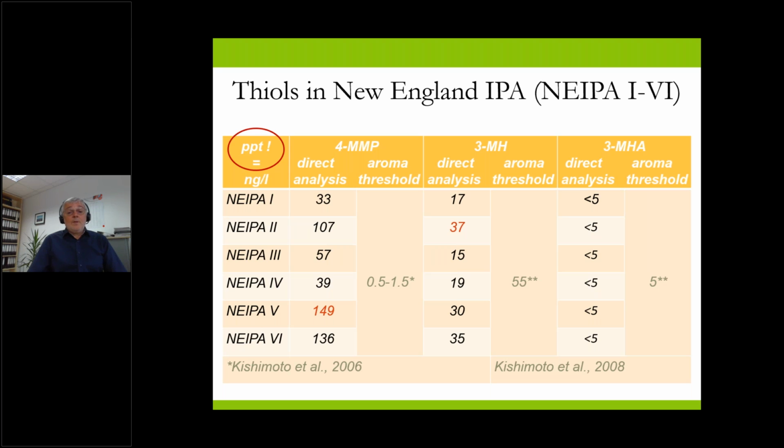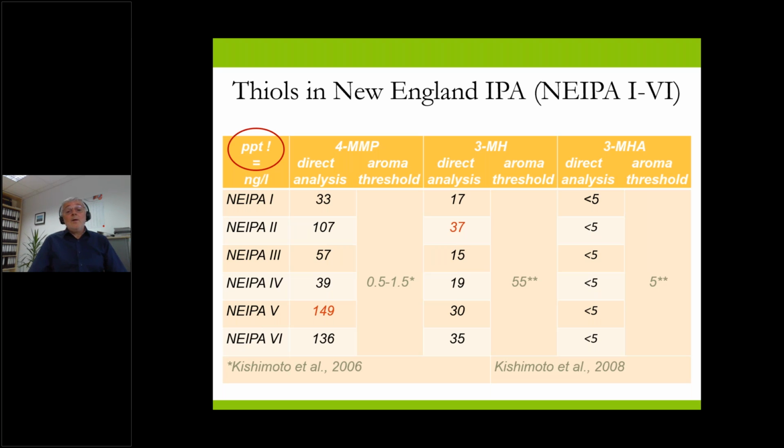And just to give you an impression, you see here the differences, and quite high differences in different commercial New England IPAs. The highest concentration for the 4-MMP is 149 nanogram per liter, and the aroma threshold is only 0.5 to 1.5 nanogram per liter. So it seems to be a very clear contributor to the aroma impression.